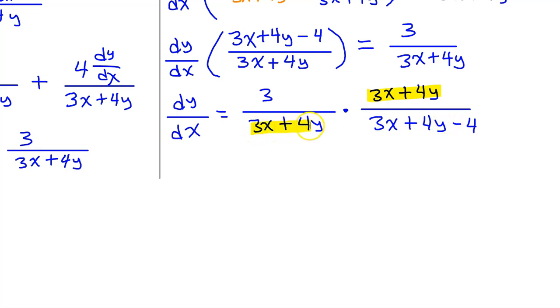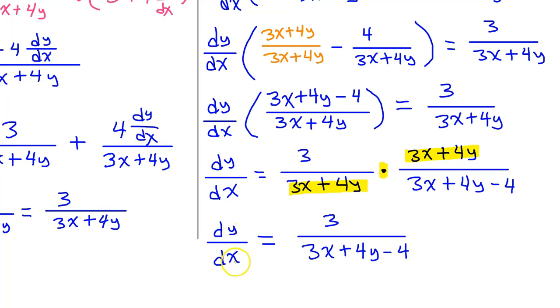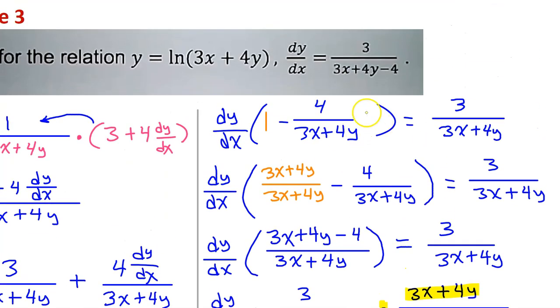However, these are connected by multiplication, so you can cancel these out. That leaves dy/dx equals 3 over (3x plus 4y minus 4). And guess what? That's exactly what we were supposed to show.